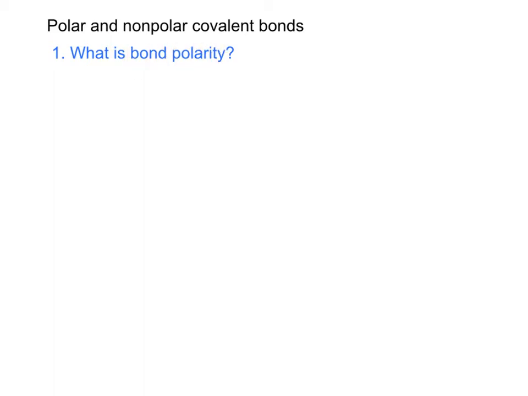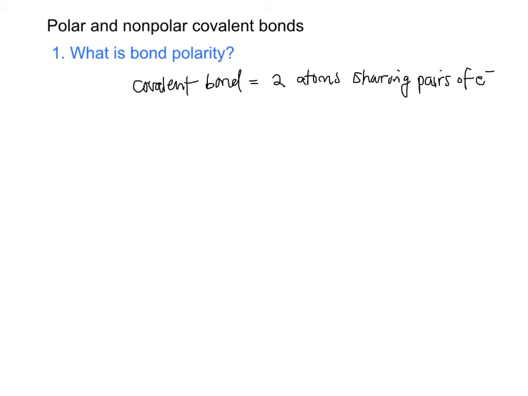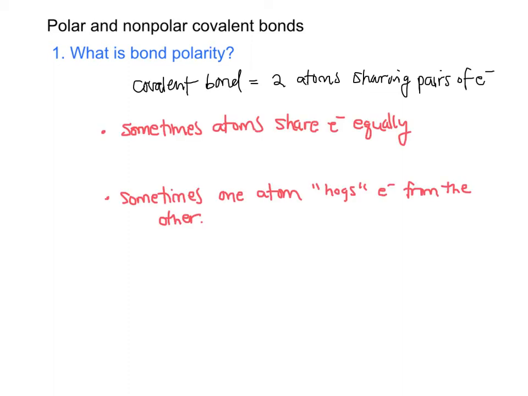So we've been talking about covalent bonds, and how a covalent bond is when two atoms are sharing pairs of valence electrons. Just like when anything is shared, sometimes that sharing is equal, and sometimes an atom hogs the electrons from the other atom.